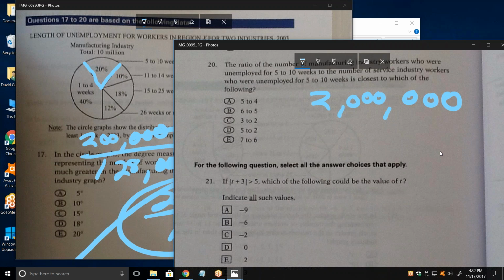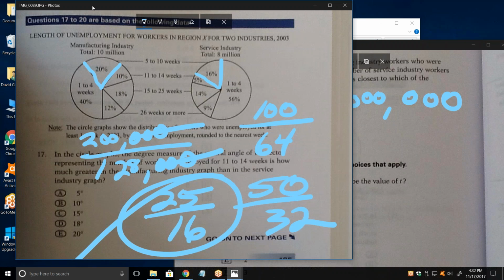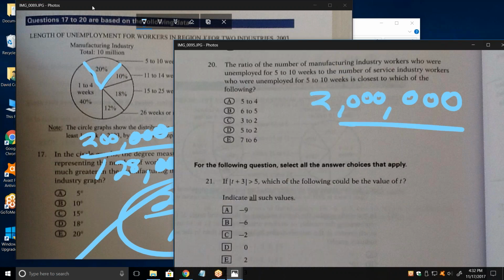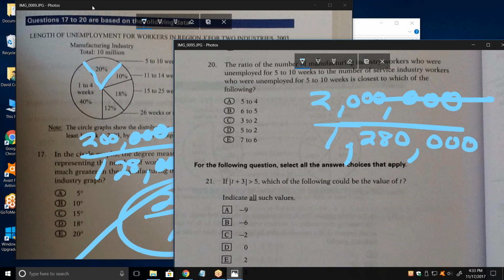Compared to the number of service industry workers who are unemployed, and that is 16% of 8 million, which is 1.28 million. Still end up with 200 divided by 128.